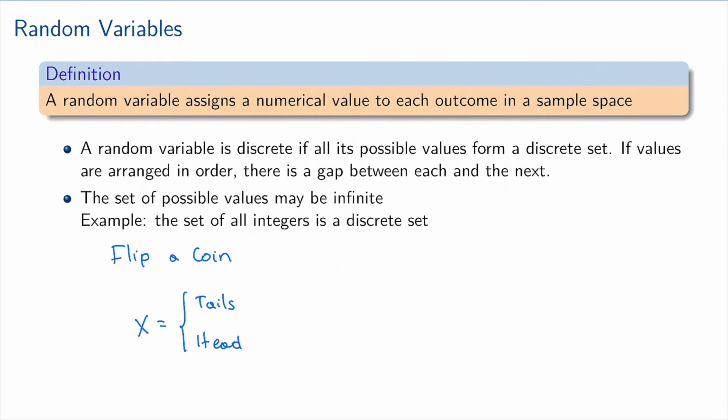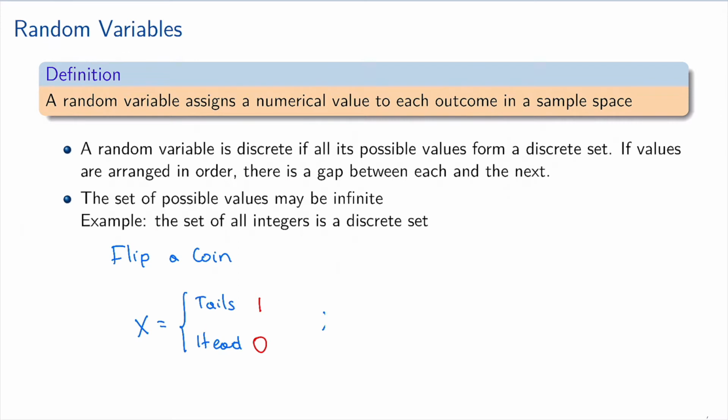Flip a coin. When we flip a coin, we have two possible outcomes. Either we get tails or we get heads. If we identify a number, one for tails and 0 for heads, thus our random variable is a real number that is related with one of the outcomes.